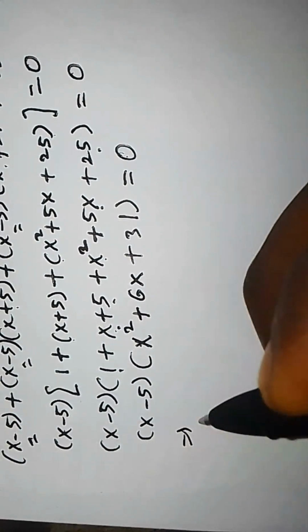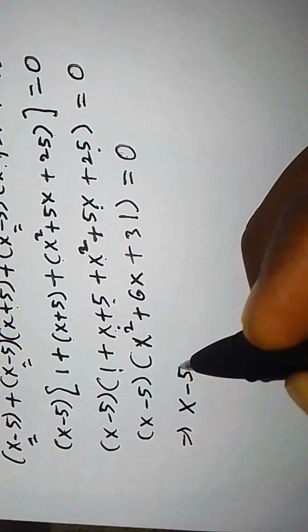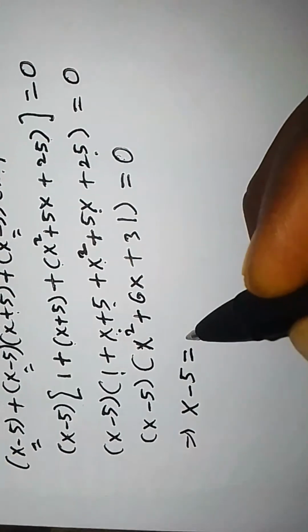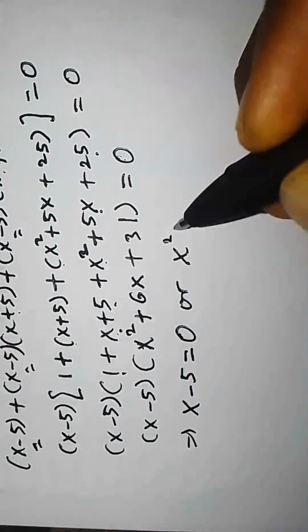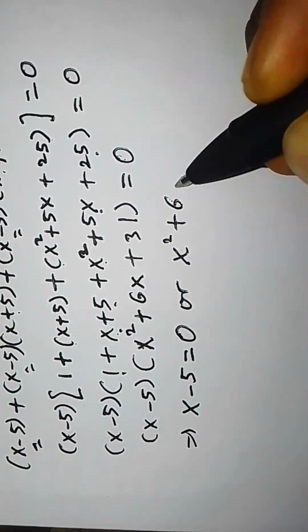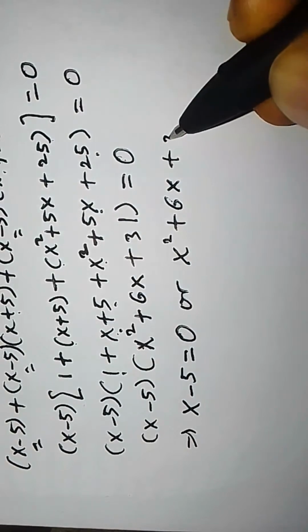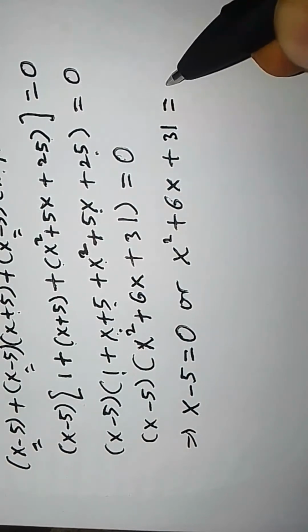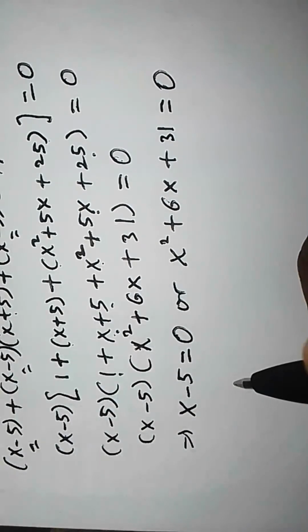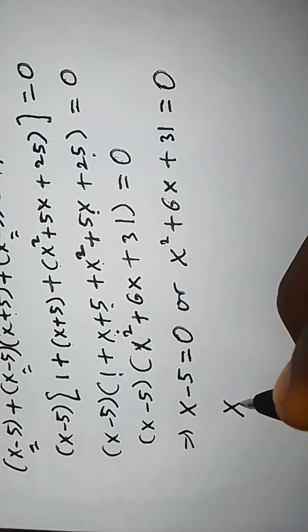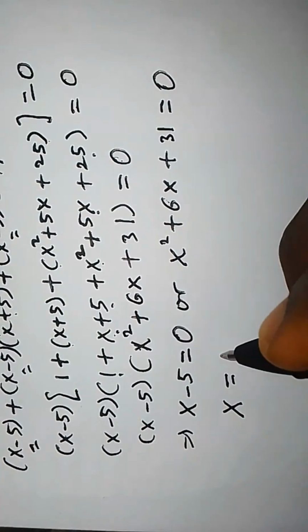This implies that x minus 5 is equal to 0, or x squared plus 6x plus 31 is equal to 0. From this linear equation, it is obvious x is equal to 5.